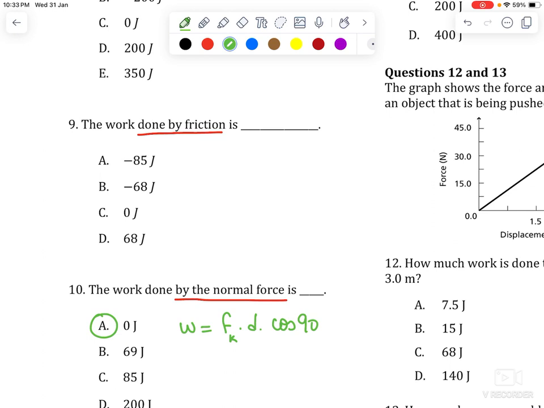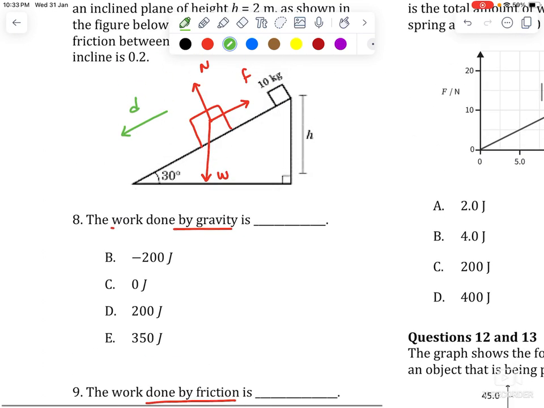Going to the work of gravity, I see that the angle between gravity and the displacement is this angle. And this angle is not actually 30, it's actually the complementary of 30, which is 60.